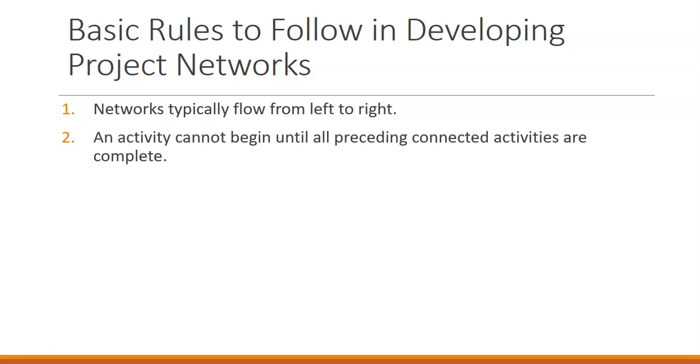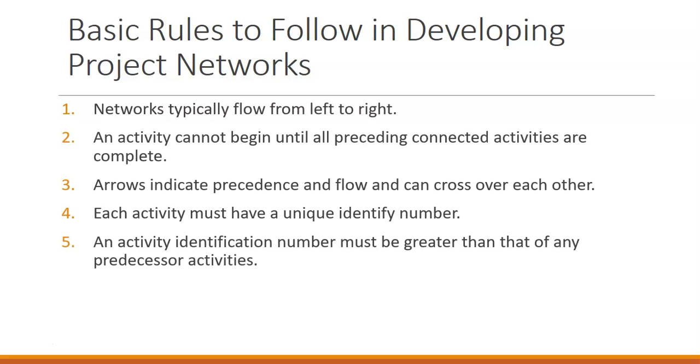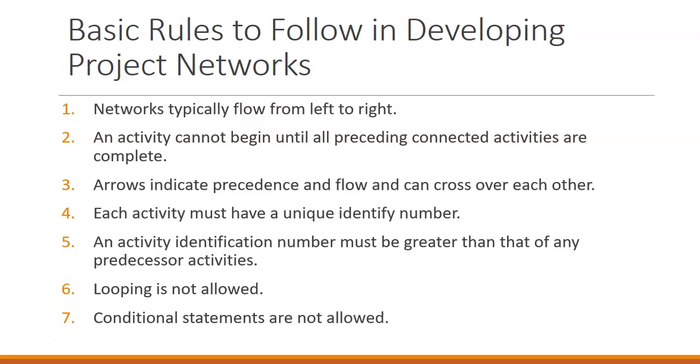The basic rules that we need to follow in developing project networks are that our networks typically flow from left to right, from first activity to future activity. An activity cannot begin until all preceding connected activities are complete. Arrows indicate flow. They can cross over each other.